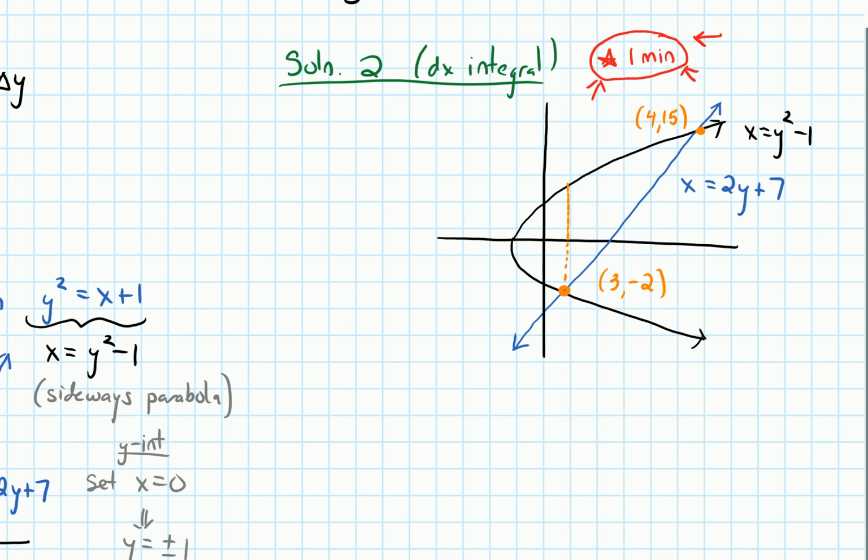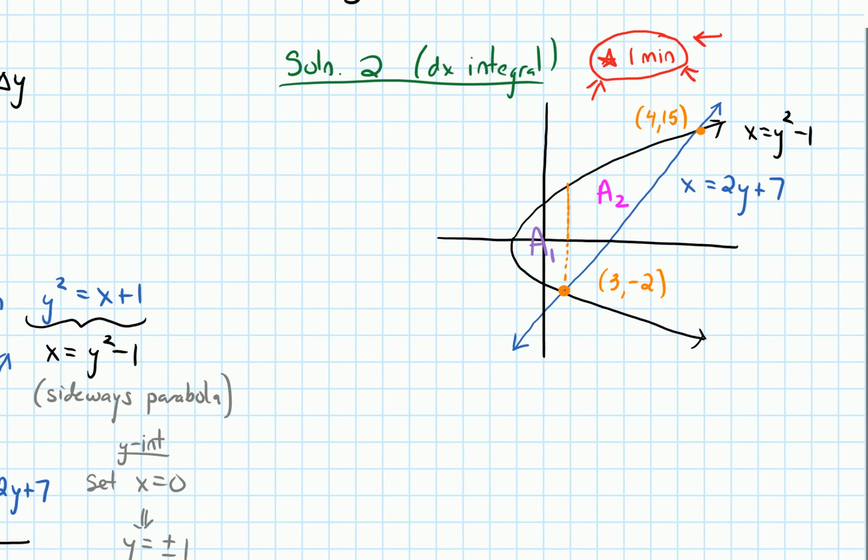I'm going to call the one on the left A1, and I'll call the one on the right A2. For A2, I can see that the top function is this parabola, and the bottom function is the line. But for A1, the top function and the bottom function are both the parabola. And that's a little bit weird.